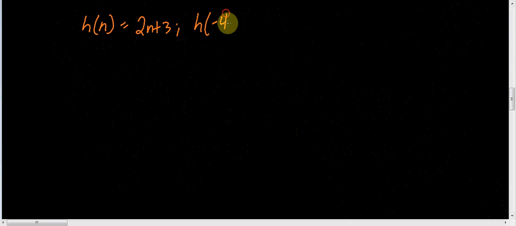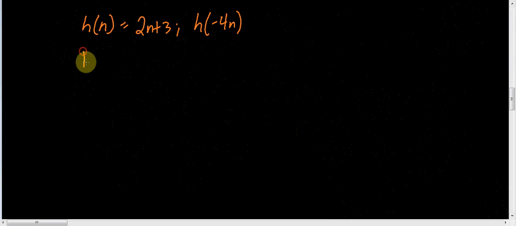Let's say we have the function h of n. Our function is equal to 2n plus 3. And we want to find or evaluate h at negative 4n.